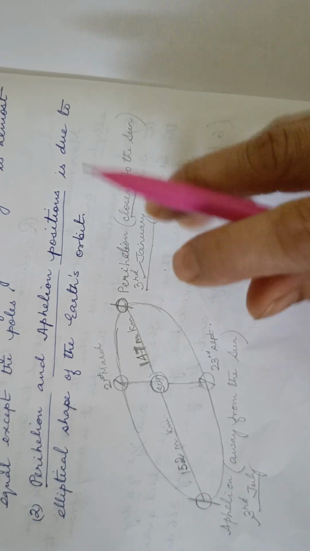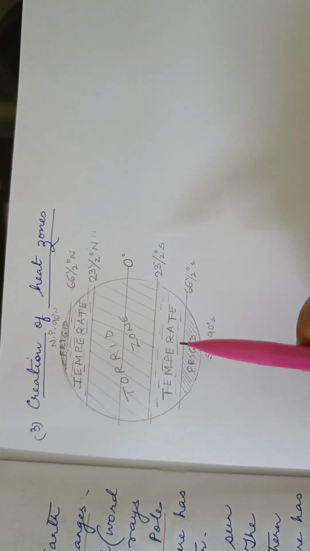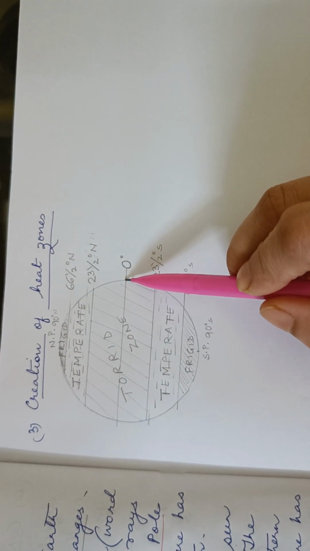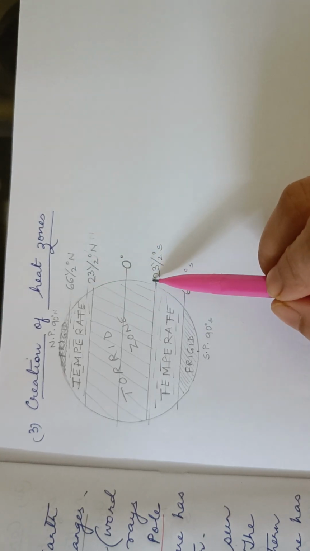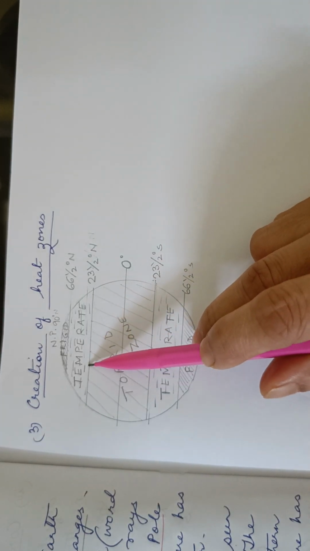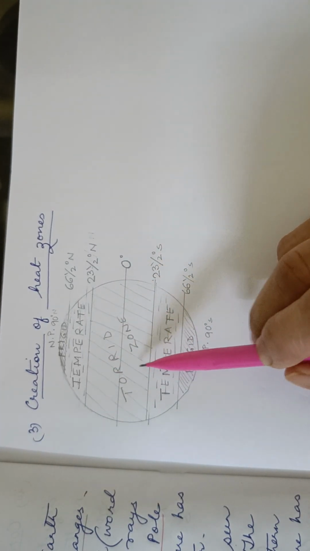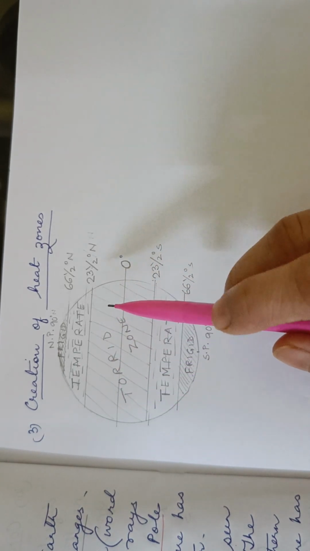Next effect is creation of heat zones. Remember, equator, Tropic of Cancer, Tropic of Capricorn. This we have done in lower classes also. From Tropic of Cancer to Tropic of Capricorn, we have torrid zone when sun rays are vertical.